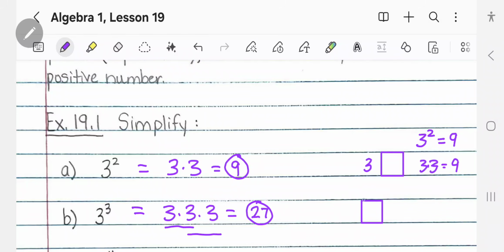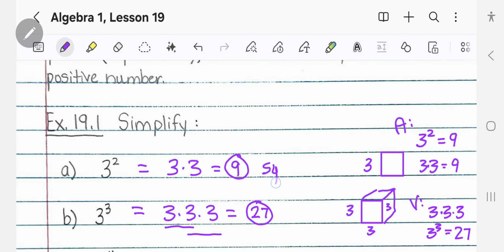If you have a cube whose sides are 3, then its volume, up here I was doing area, here I'm going to talk about volume. Its volume would be 3 times 3 times 3, which is 3 to the third power, which is 27. So we often call that cubed.